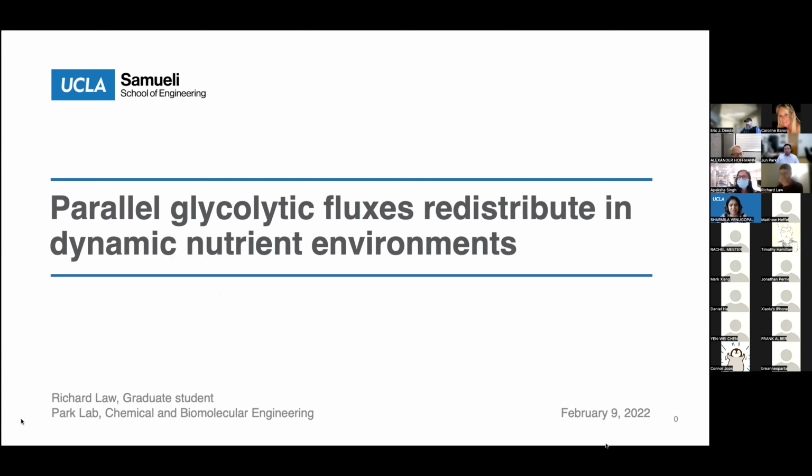And now he's continuing to develop analytical techniques and perfecting microbiology skills to study microbial metabolism. He's going to present one of his projects on glycolysis. So, Richard, the floor is yours.